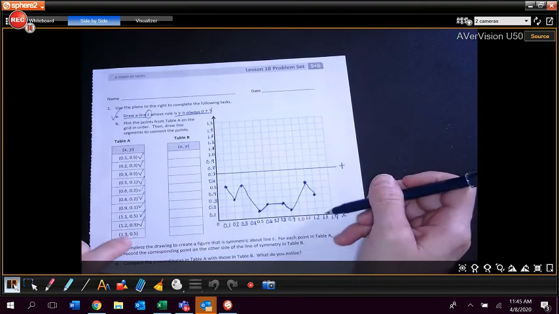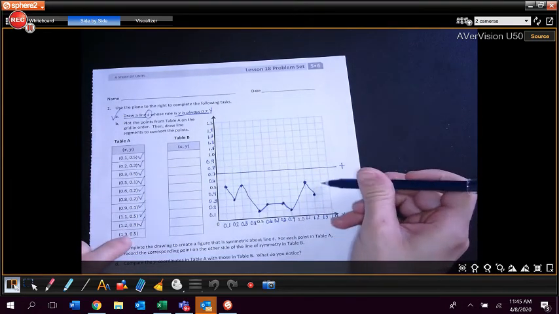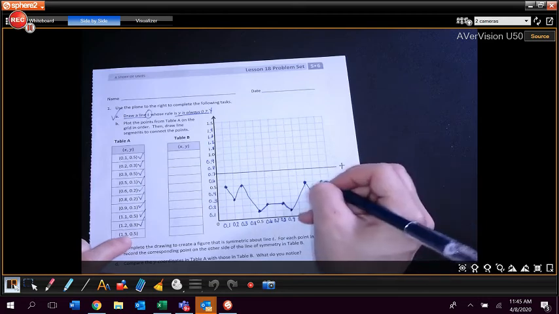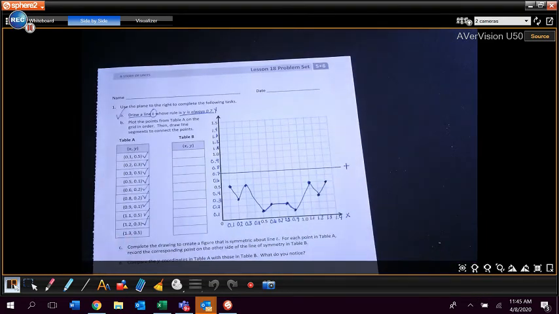And then I have 1.3 and 0.5 right there. So this is what your A should have looked like, table A.